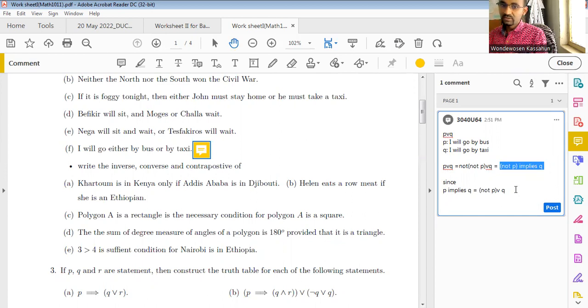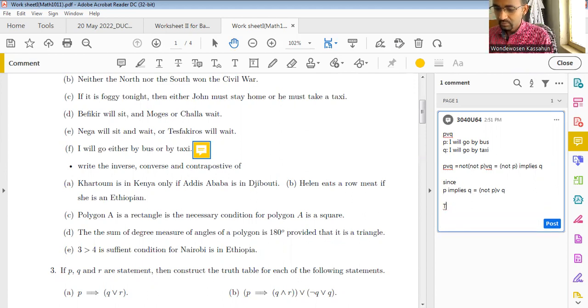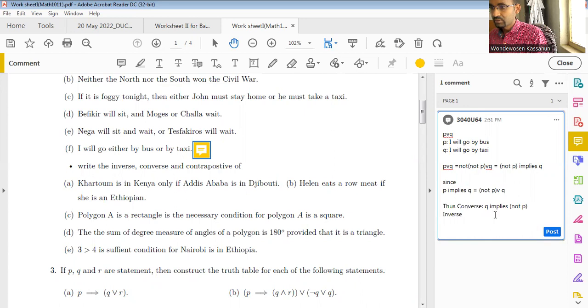So what is the converse? So thus, the converse is Q implies not P. What is the inverse?